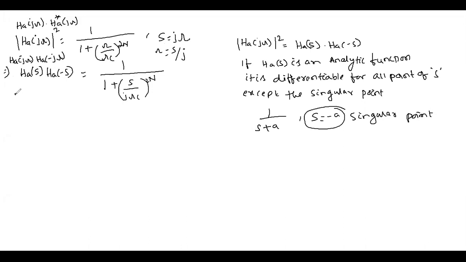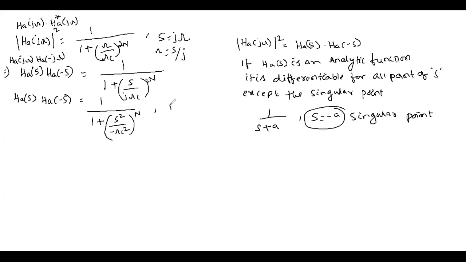Or I can write H of s multiplied by H of minus s equals 1 by 1 plus s square by minus omega c square, to the power n.